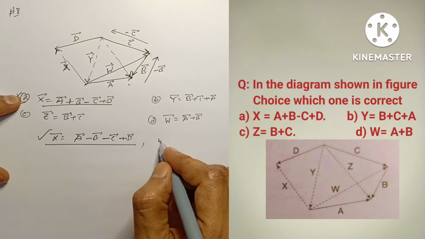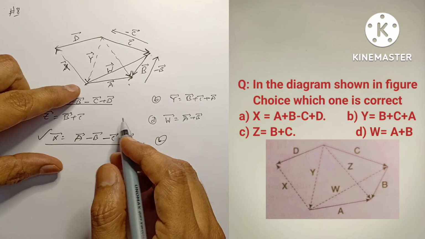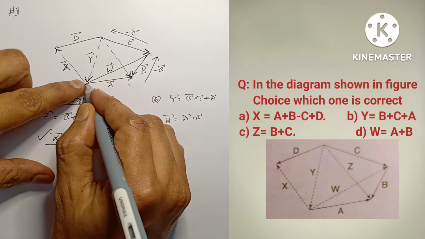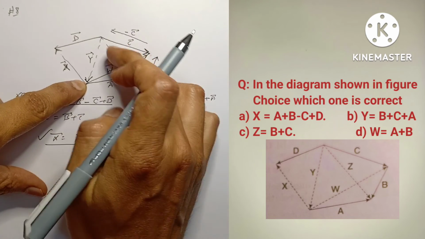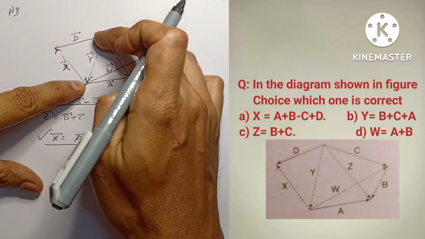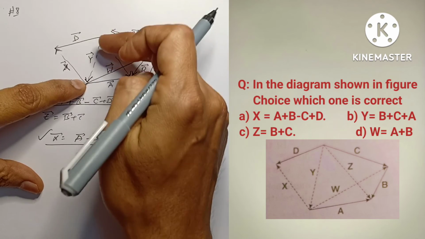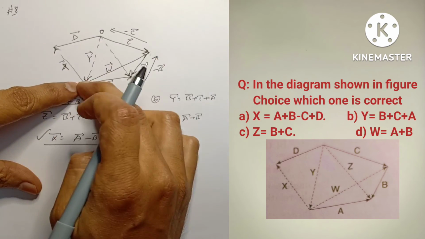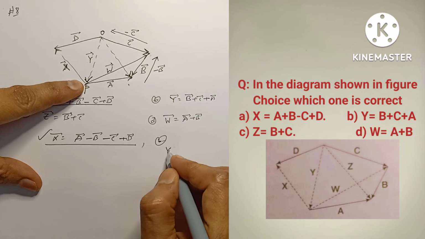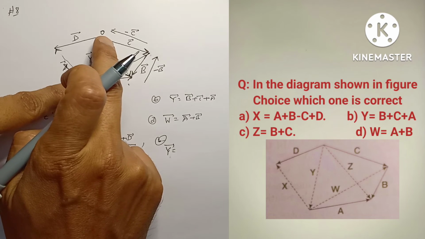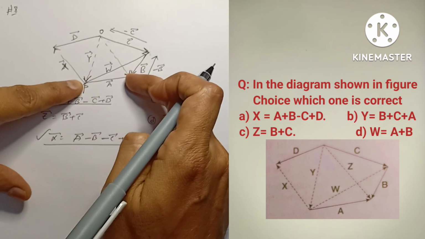And now option B, y vector. How to find the y vector? It is equal to c vector plus b vector plus a vector. That means the path going straight from O to, suppose, this point P is the y vector. So y vector is the sum of c plus b plus a.